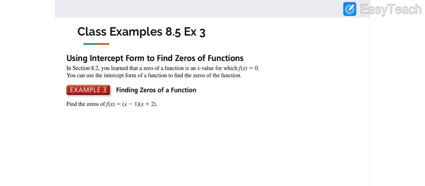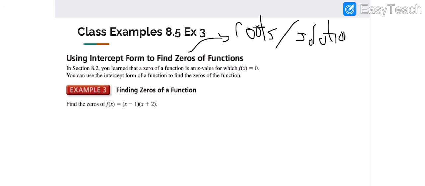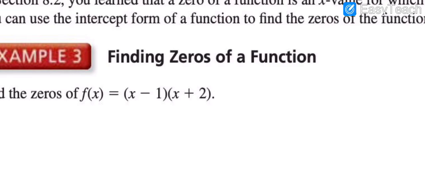All right, we've talked about this a little bit already, but if we're going to do finding the zeros, remember zeros are also known as roots or solutions. So if you're going to find the zeros, you simply need to make this thing equal to 0.